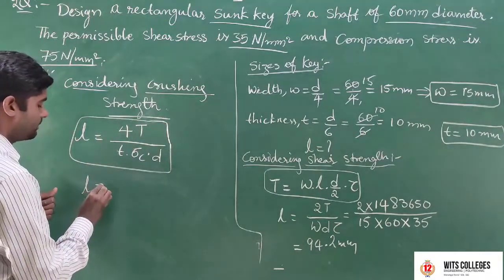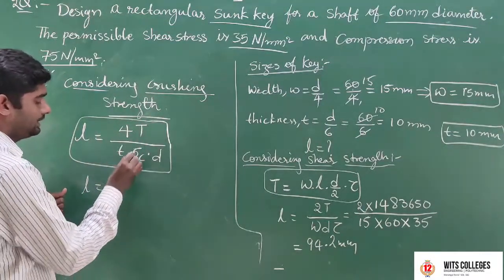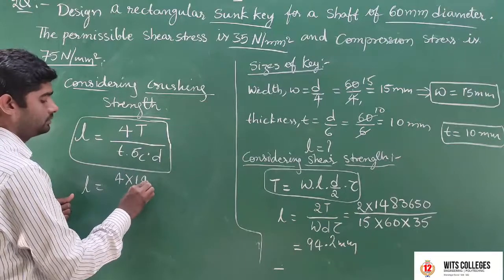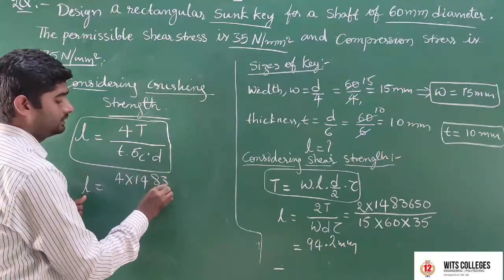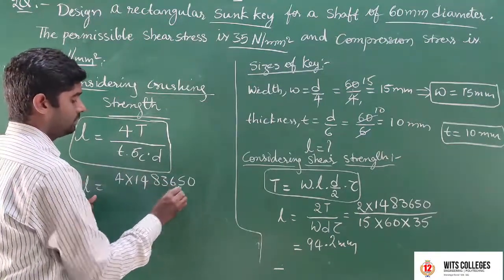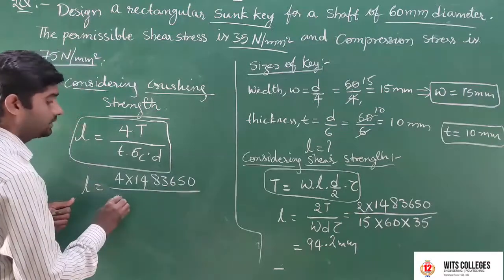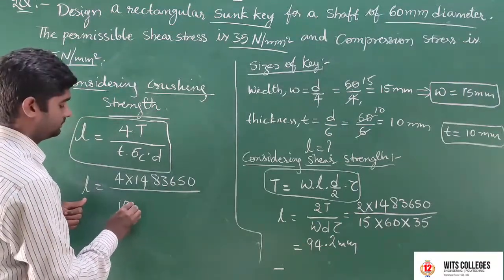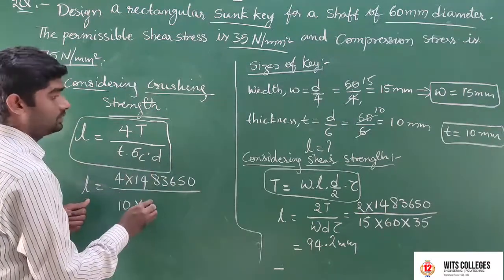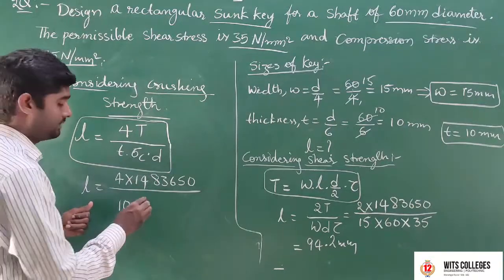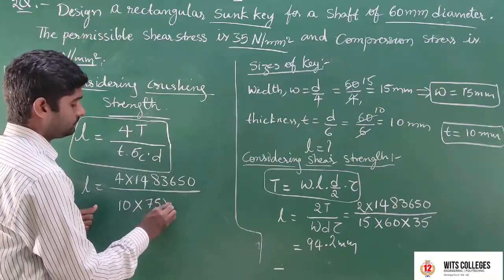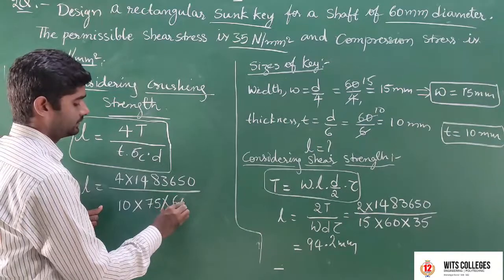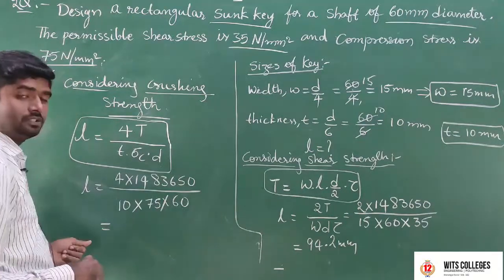L is equal to 4 into T, which is 1483650, by t, which is 10, into sigma C, which is 75, into D, which is 60.